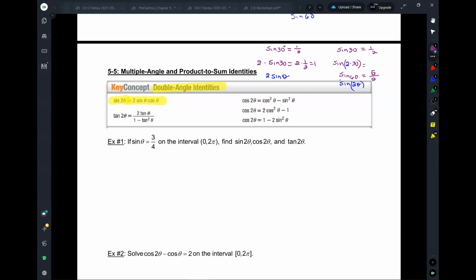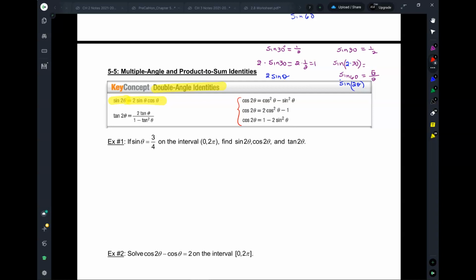Now, take a look at cosine of 2 theta. You have 3 variations of cosine of 2 theta, okay? Cosine of 2 theta can equal this, or this, or this. Which one's better? They're all equally as good. Which one do you use?